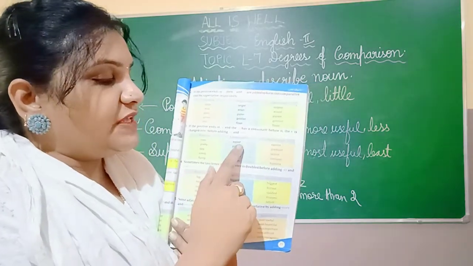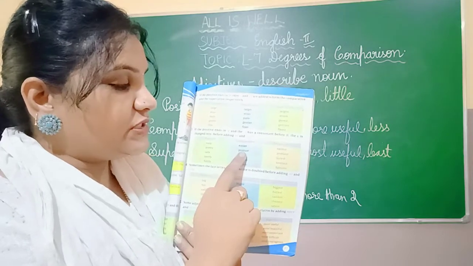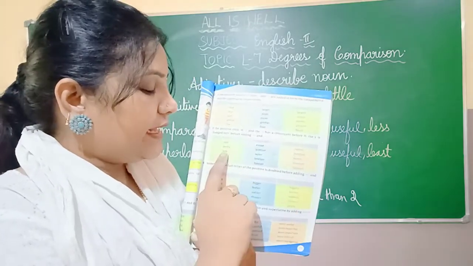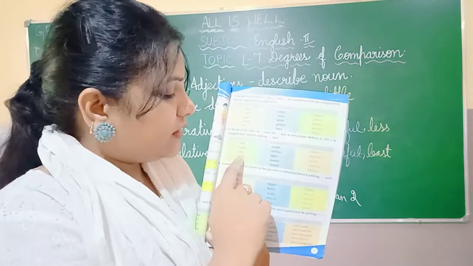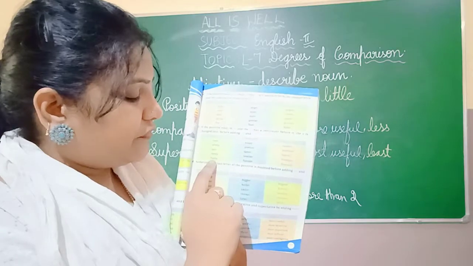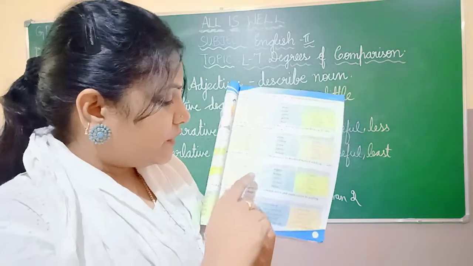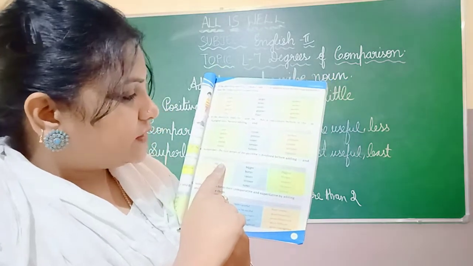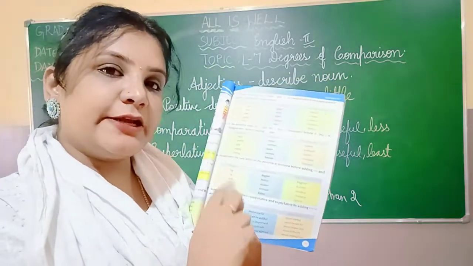Easy will become easier, easiest. Pretty will become prettier, prettiest. Lazy will become lazier, laziest. Lovely will become lovelier, loveliest. Funny will become funnier, funniest.